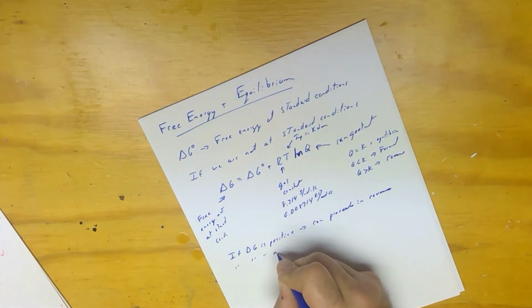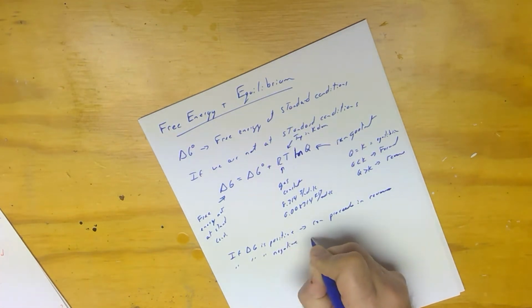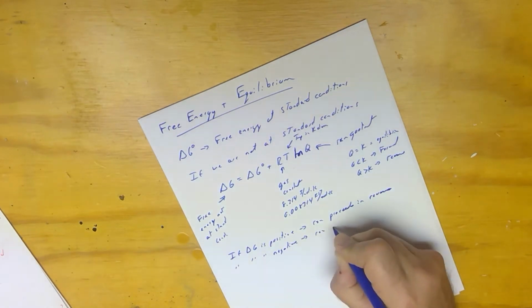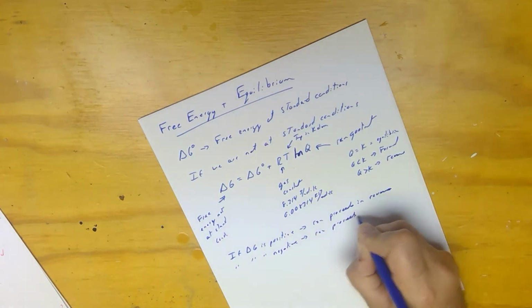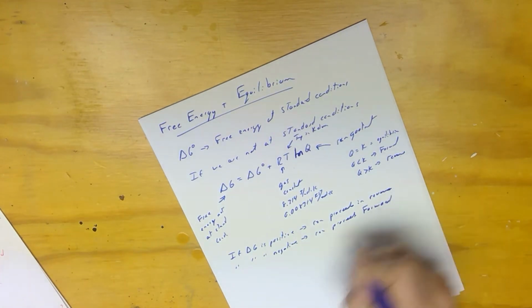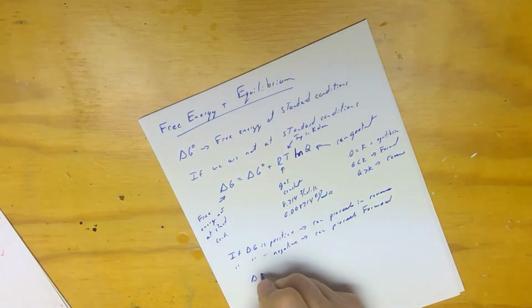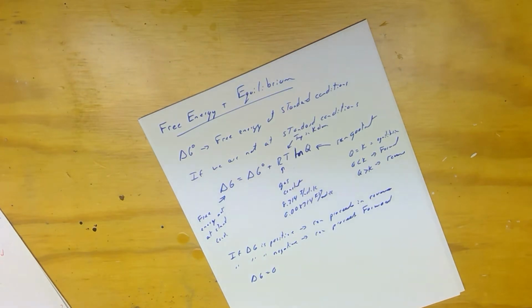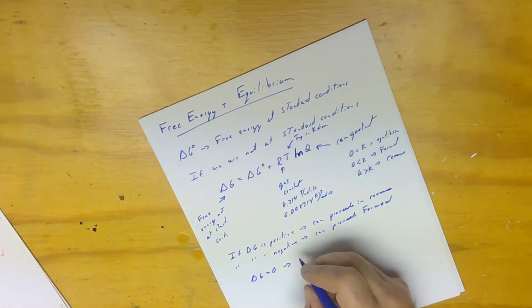If delta G is negative, the reaction proceeds forward. If delta G is equal to 0, that tells us that it's at equilibrium.